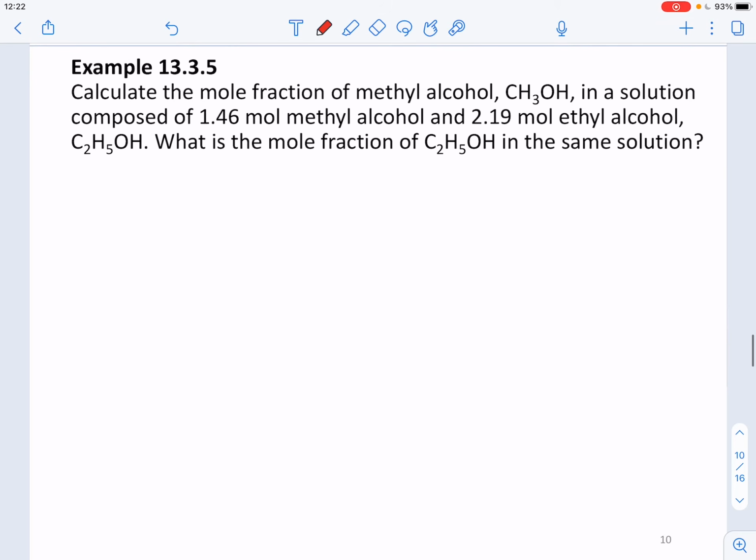So in this one, we have to calculate the mole fraction of methyl alcohol, also known as methanol, in ethyl alcohol, which is also known as ethanol. So how do we calculate this?